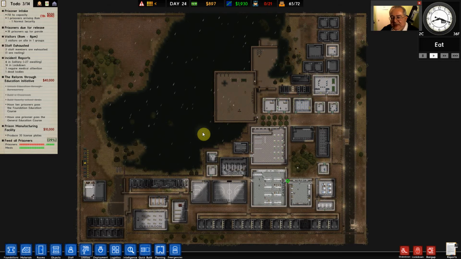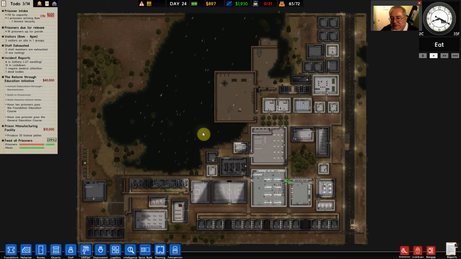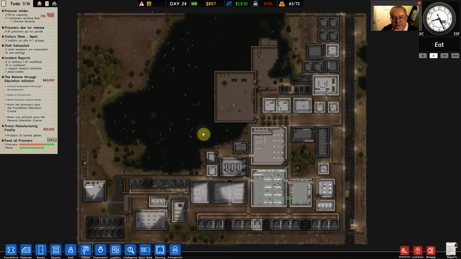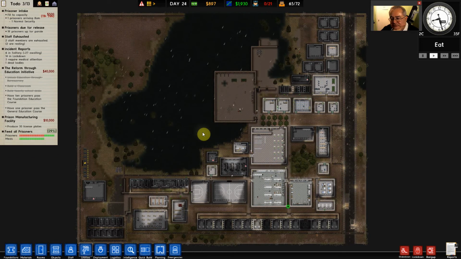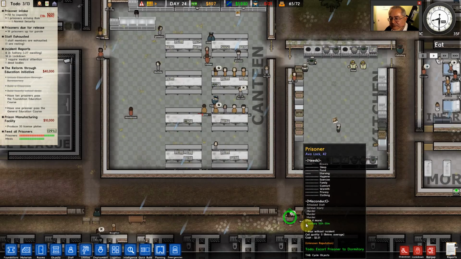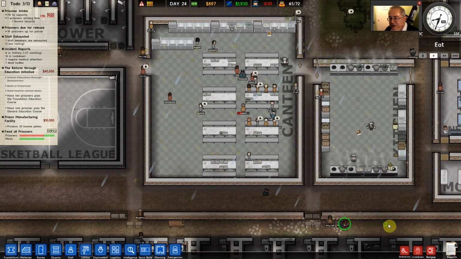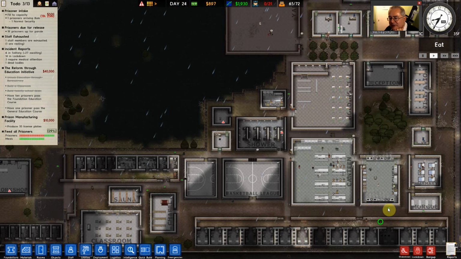And don't spend until you've got double what you need or something. I don't know. Oh look, she is being escorted to her cell. That's good. So it's happening bit by bit.